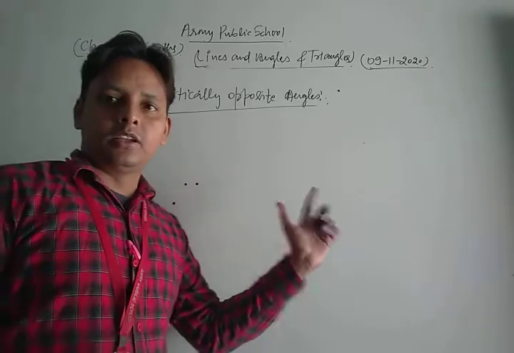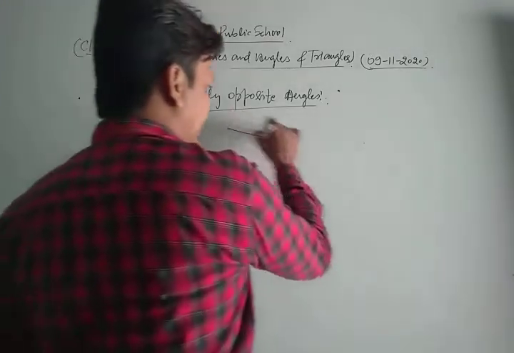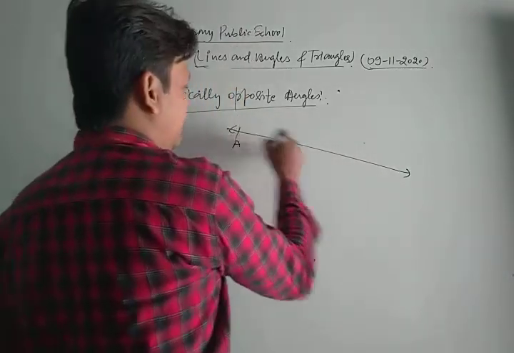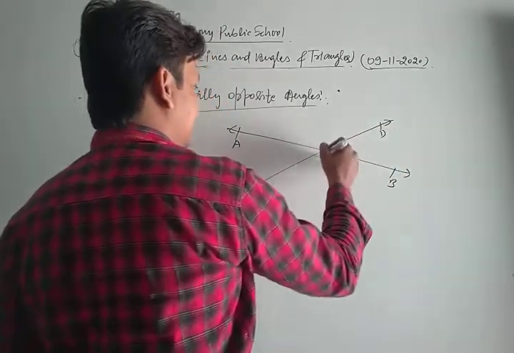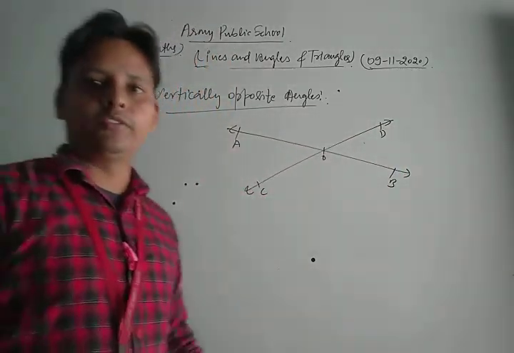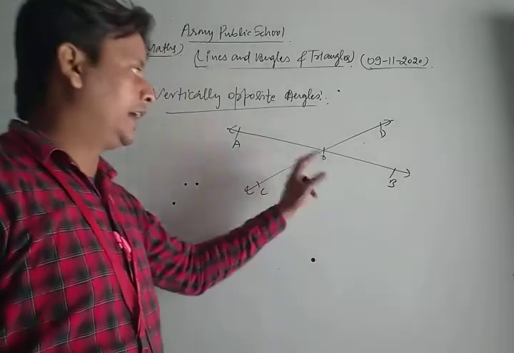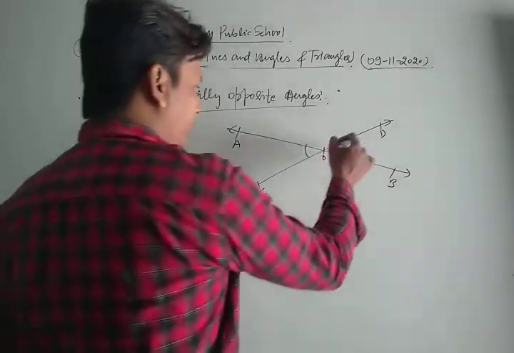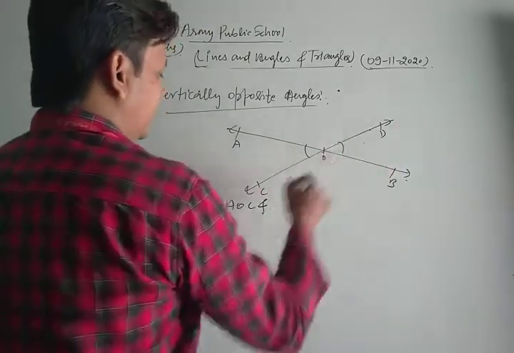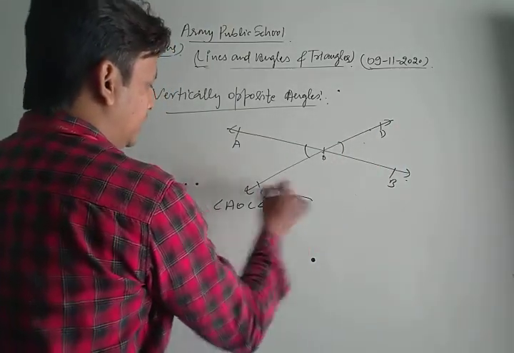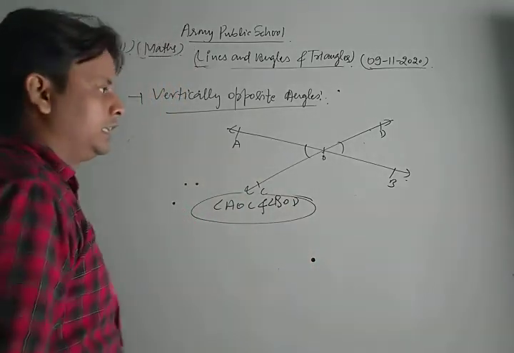Dear friends, suppose there are two lines, AB and CD, that intersect each other at point O. Then the pair of angles AOC and BOD are vertically opposite angles.